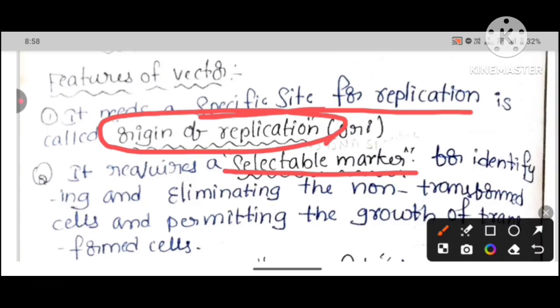After the uptake of the desired DNA molecule, the cells are grown in a differential medium where the cells which obtain the rDNA get separated from the non-transformed cells. For this identification, the selectable marker acts as a tracking molecule.